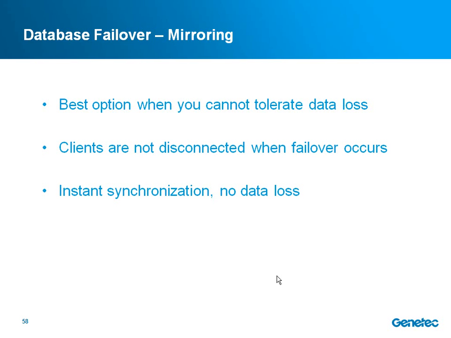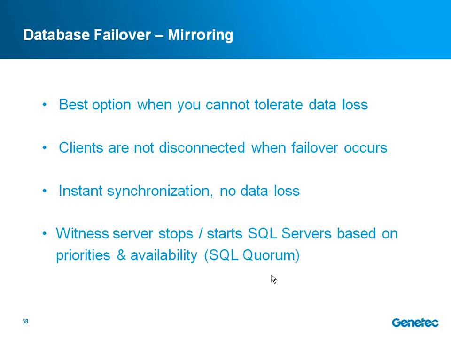As we mentioned, there is instant synchronization between the servers, so any changes are written to both databases right away, and will prevent any data loss due to the backup delay. The SQL mirroring uses a witness server, which stops and starts the SQL servers based on the situation and what is needed. It uses a quorum to make sure the data replication is kept up to date between the two.